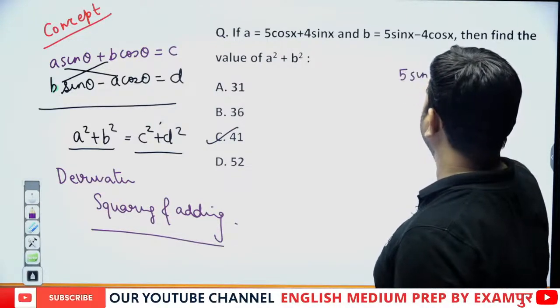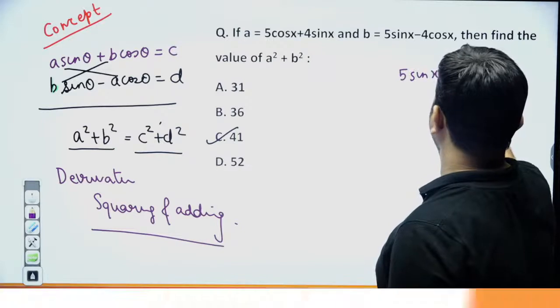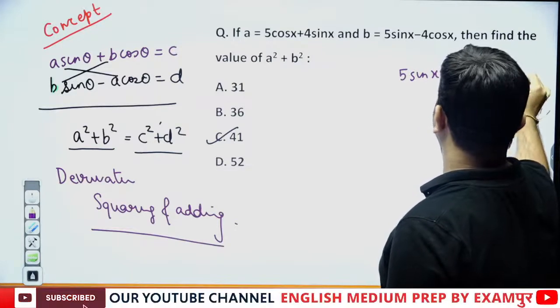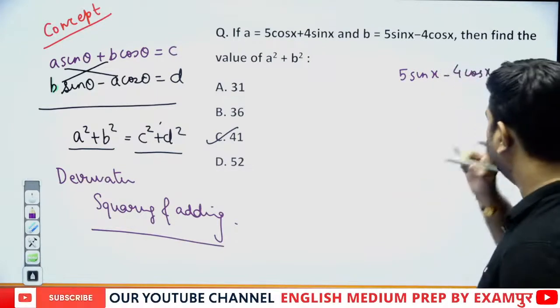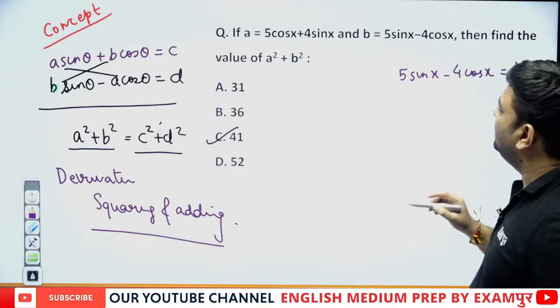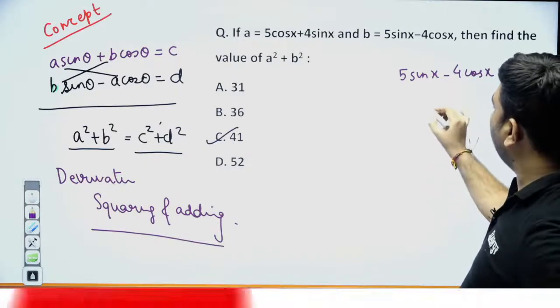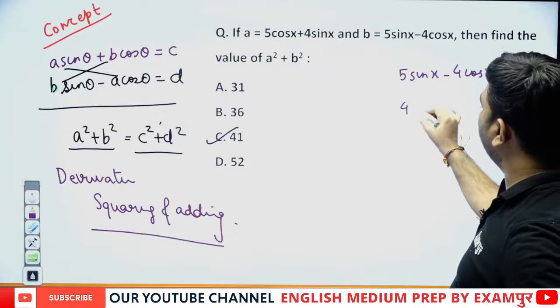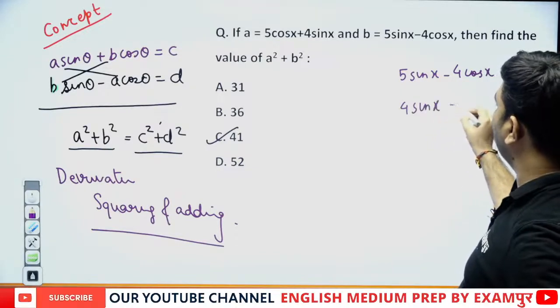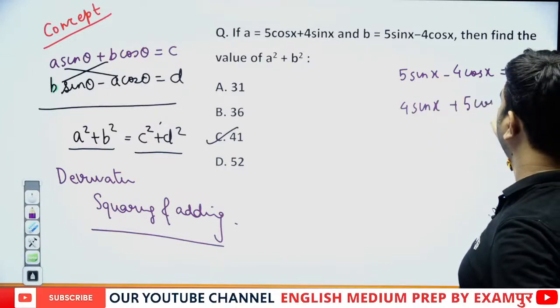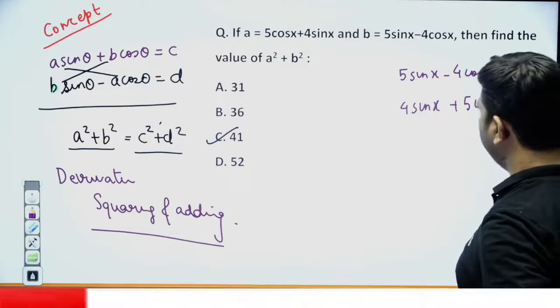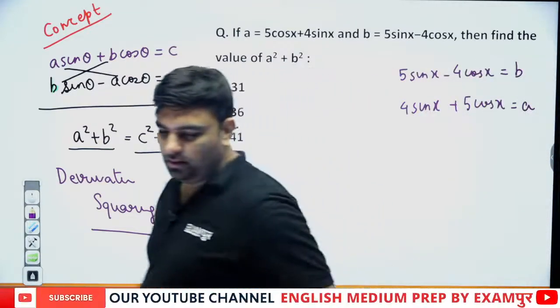5 sin x minus 4 cos x is equal to b, as given. Then keeping the sign here, you will say, sir, it's 4 sin x plus 5 cos x is equal to 8.